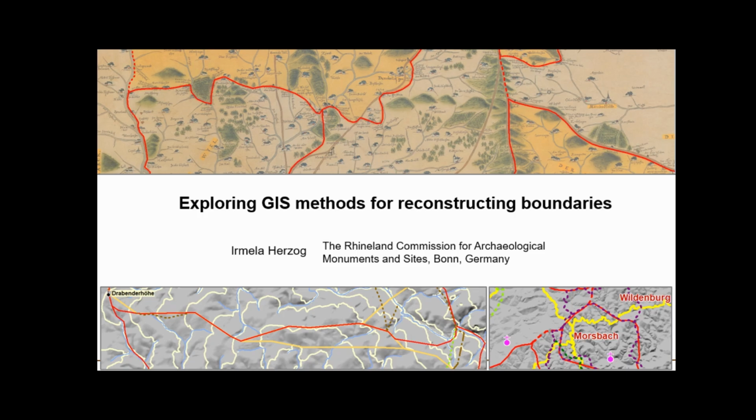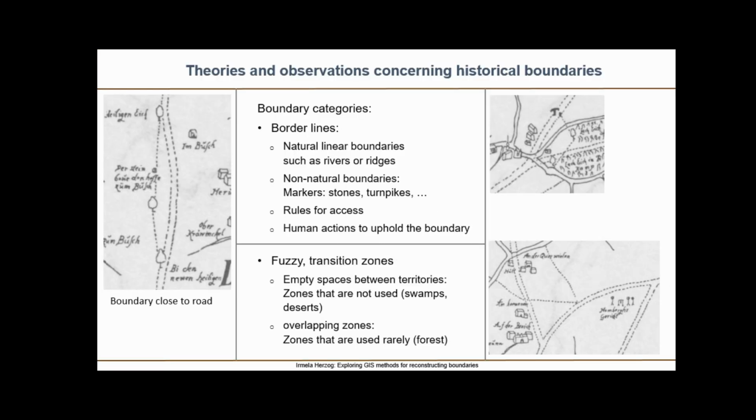Good morning. So I'm going to explore GIS methods for reconstructing boundaries based on historical data, which are always nice to test your methods with. To start with, there are two sorts of boundaries that are described in the literature.